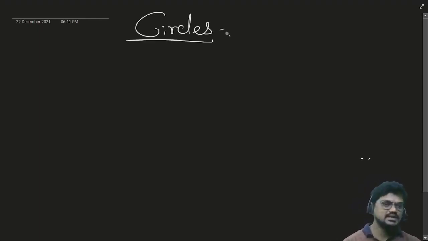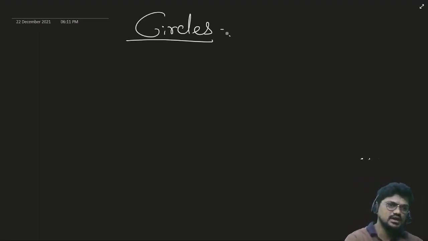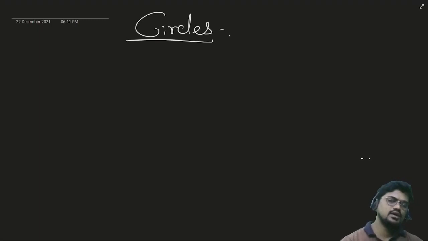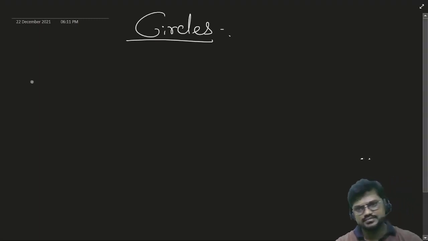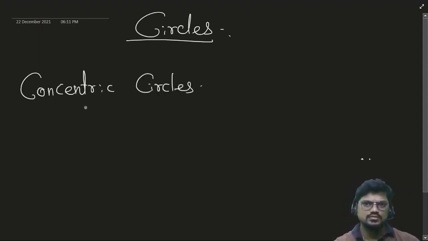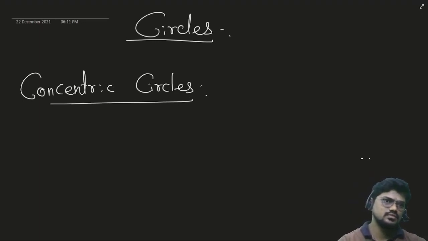The basic things, such as secant and tangent, I've already taught you in the last session, right? Now, just a moment, let me open the textbook. Some more basic things I have not taught you yet. What are concentric circles? Anyone? Circles that share the same center. There will be a set of circles, but all of them will have the same center.